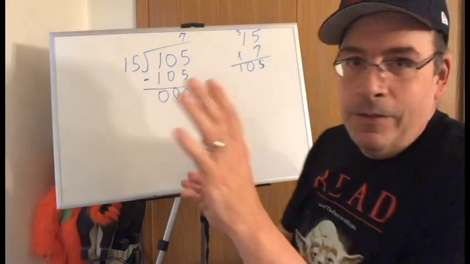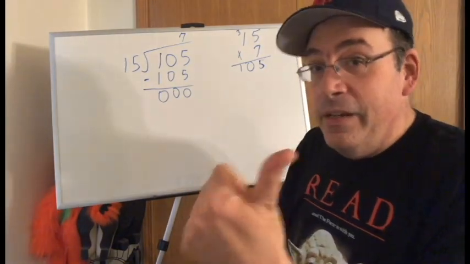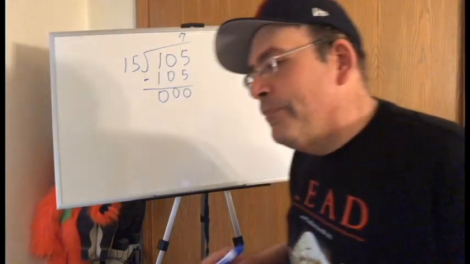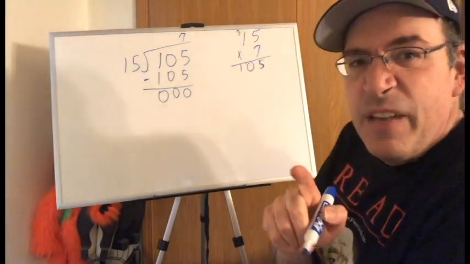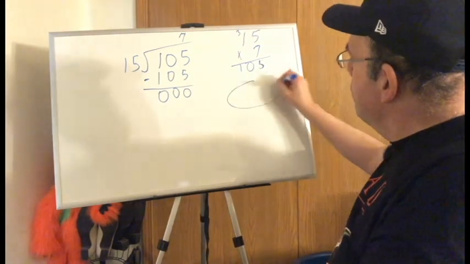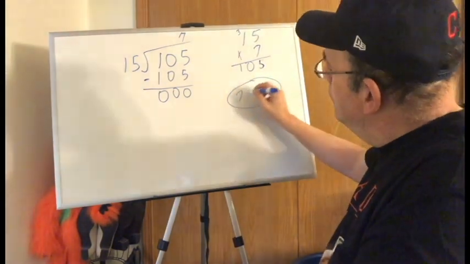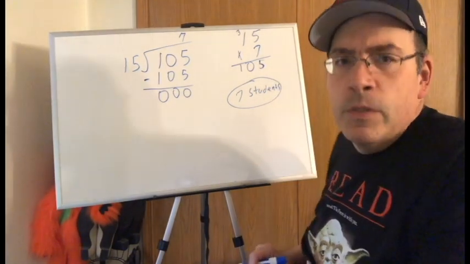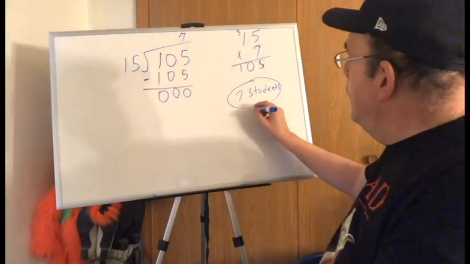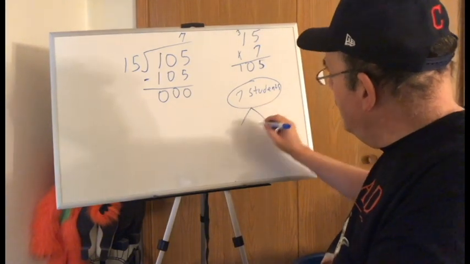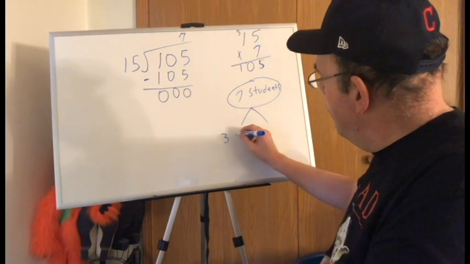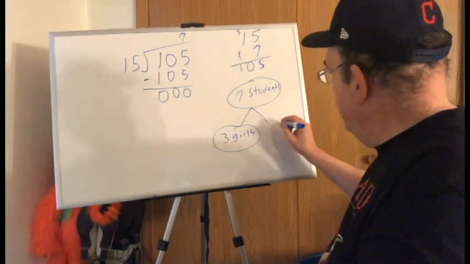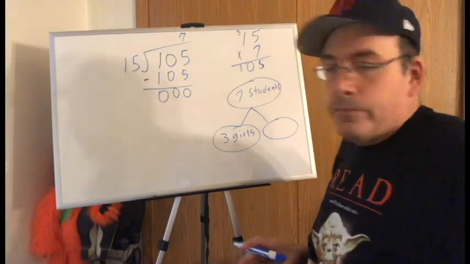So, we'll do some drawing. Read, draw, write, with a little bit of calculation thrown in there. So, if each team has 7 students, okay, 7 students on each team, and we know that 3 are girls, okay, how many boys would there be?